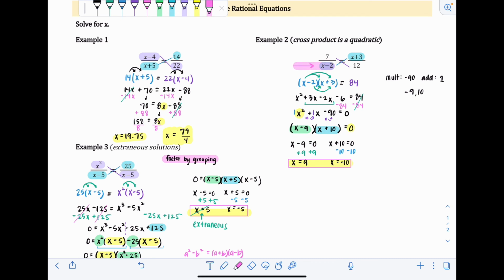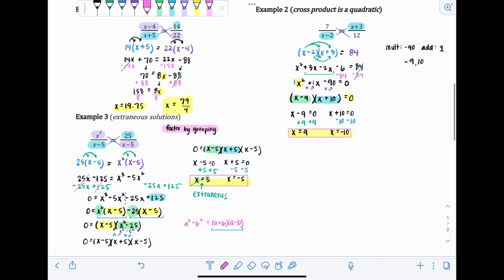So the only answer that would be extraneous would be x equals 2, but we didn't get that answer, so we don't have to worry about that. Same concept over here, there's an x plus 5 in the denominator. The only answer that would be extraneous is if we ended up with x equals negative 5, but we didn't for that problem, so there are no extraneous solutions.